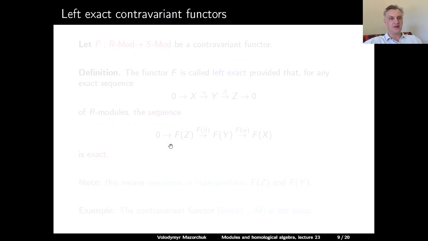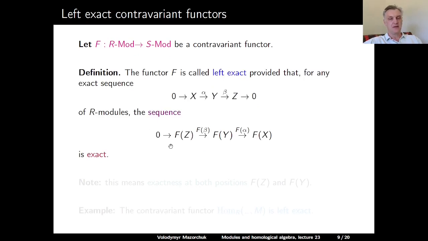Similarly, let us define left exact contravariant functors. If F is a contravariant functor from R mod to S mod, then we call it left exact, provided that, starting from an exact sequence of R modules as follows, so 0 goes to x, by alpha to y, by beta to z, and then to 0, the following induced sequence is exact.